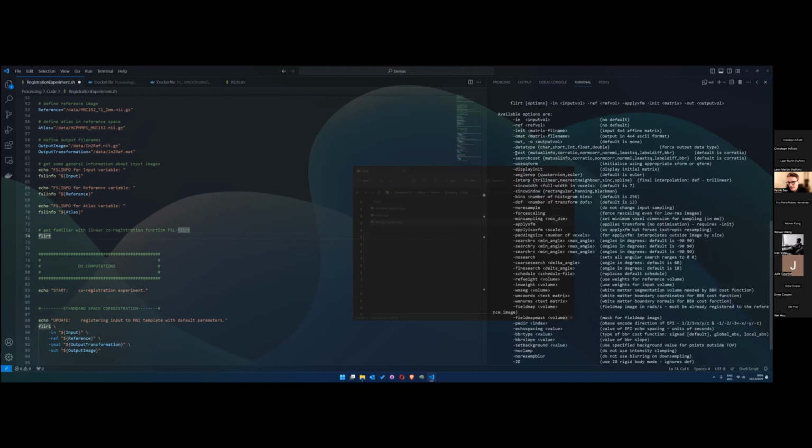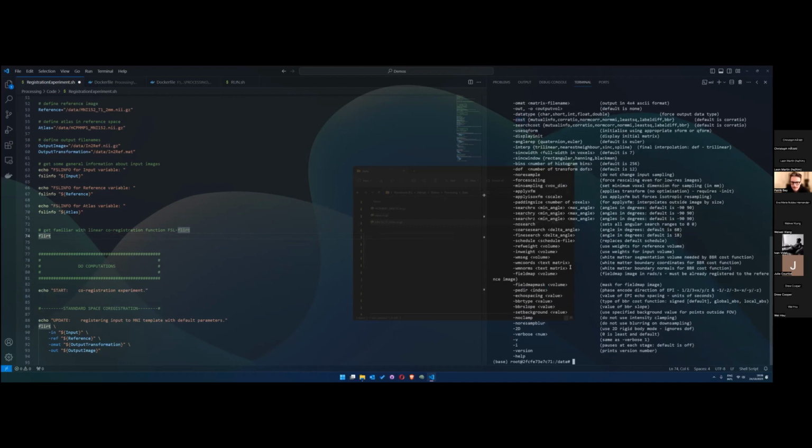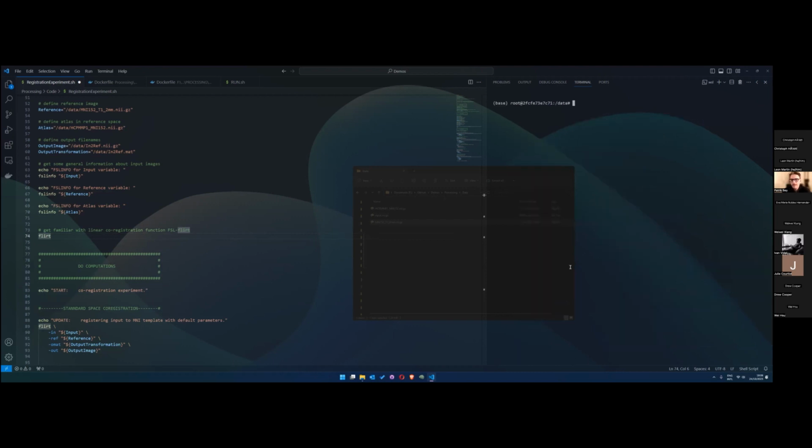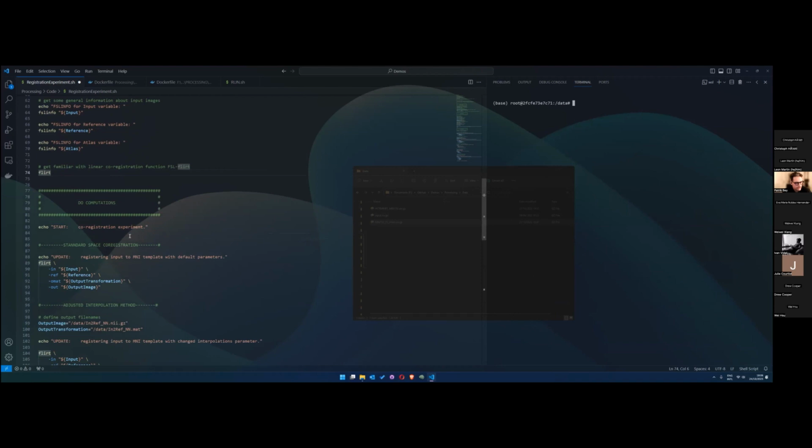For example, here, cost is exactly the cost function masking that I mentioned before, where we have a whole range of them available, the default being correlation ratio, but also mutual information, least square, so whatever function we want to use to compute those differences between the images that we want to warp towards each other. So we see there's already a lot of information that can be used to change slightly the actual registration program.